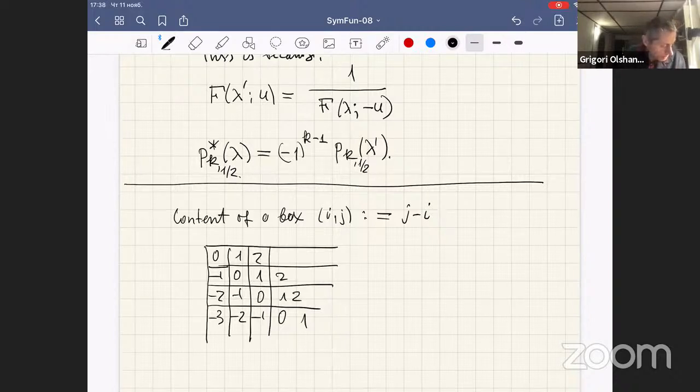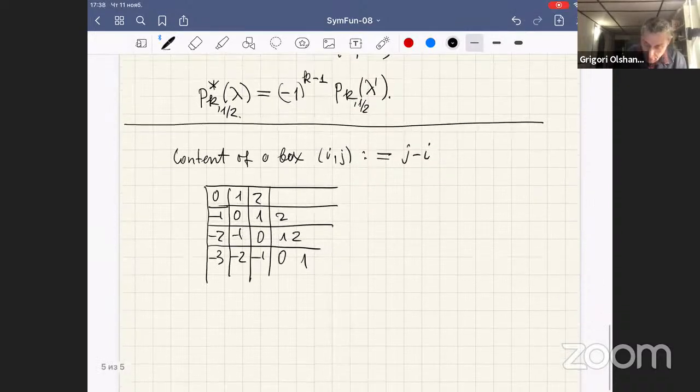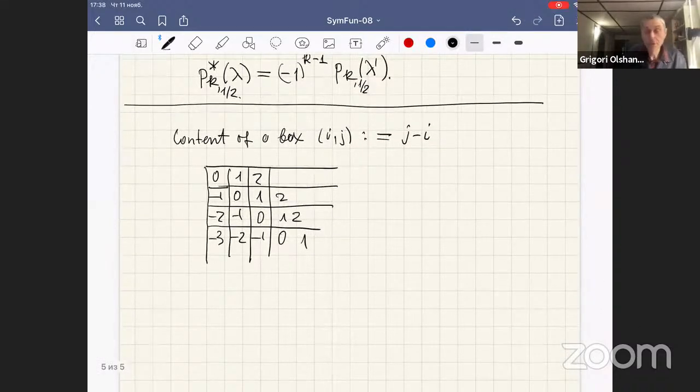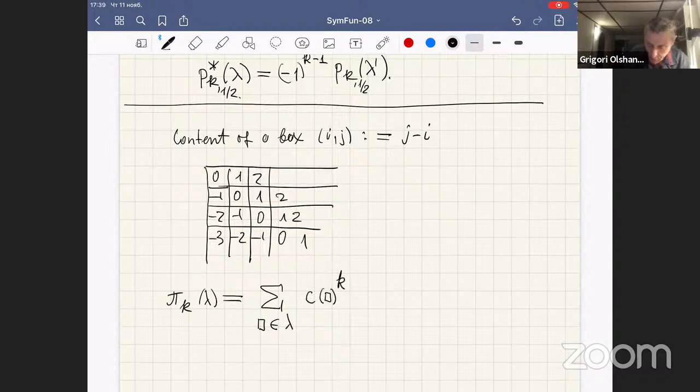And the definition now is as follows. Let's introduce one more system of functions. Pi k of lambda is equal to the sum over all boxes of the content raised to power k.